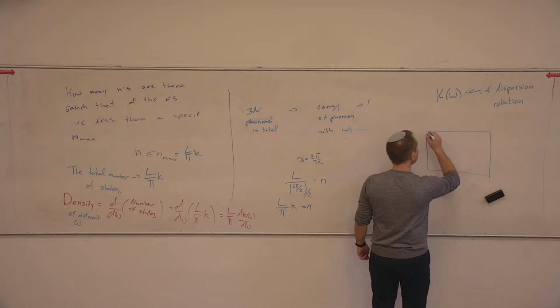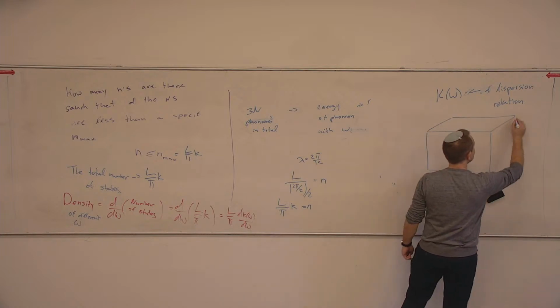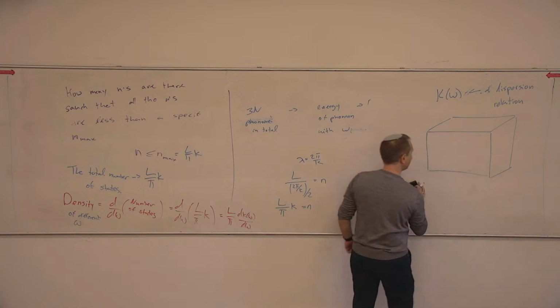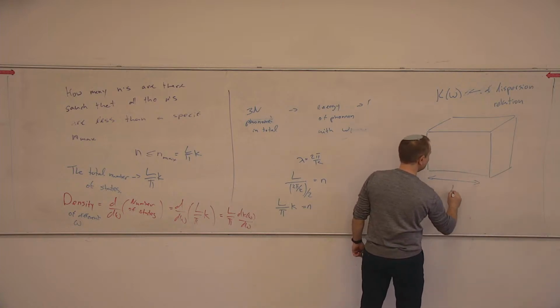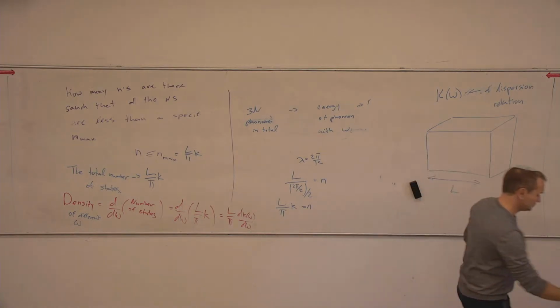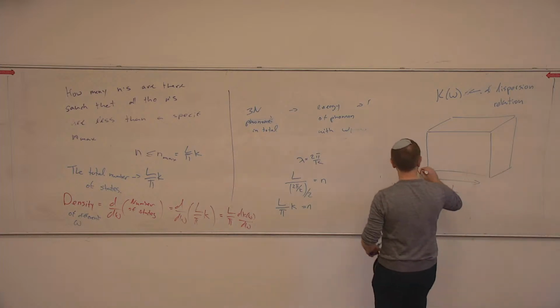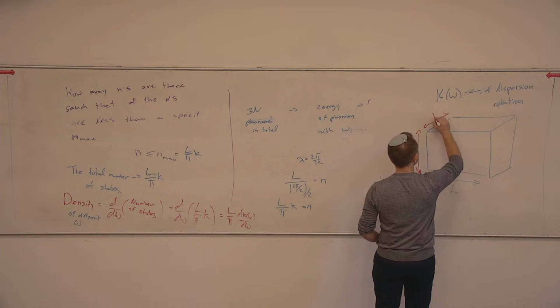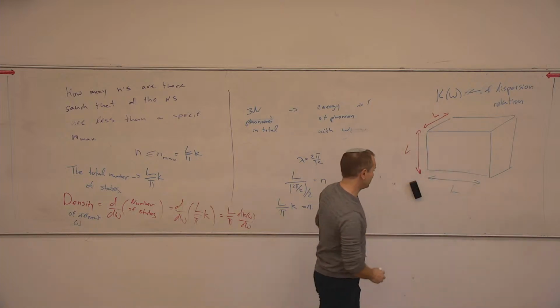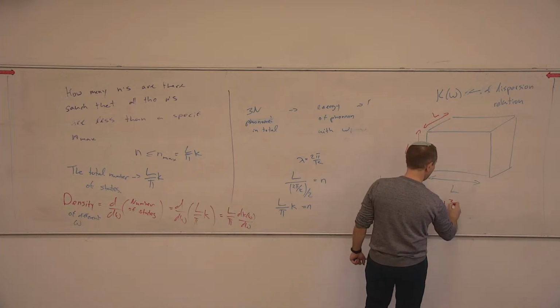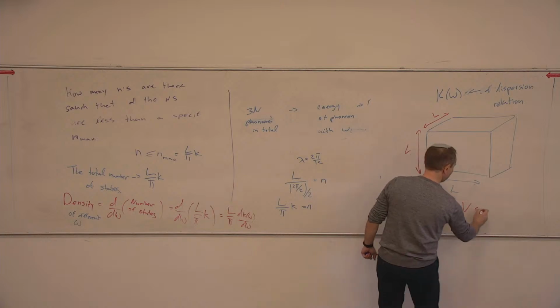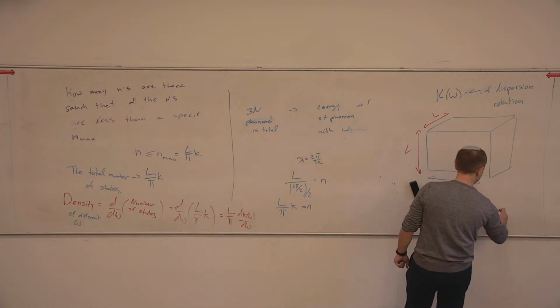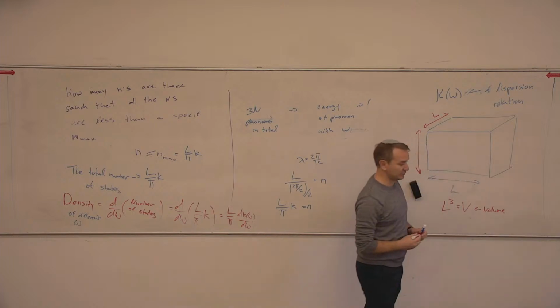So let's assume that our material is a box of dimensions L by L by L. So L to the third is the volume of our material.